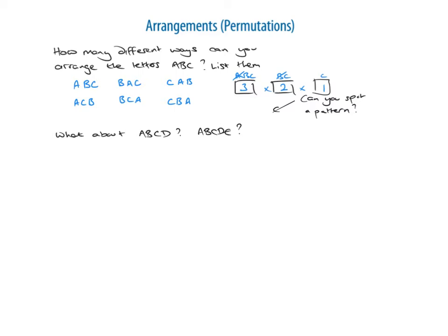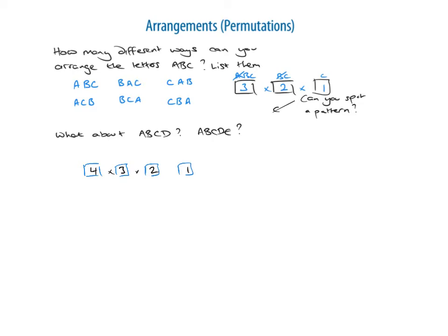Now if I look at A, B, C, D, we've got exactly the same idea, apart from the first box, where we have a choice of 4 instead of 3. Let me draw 4 boxes in. For the first box I have 4 possible choices, followed by 3 because I've already chosen one, then 2, then 1.